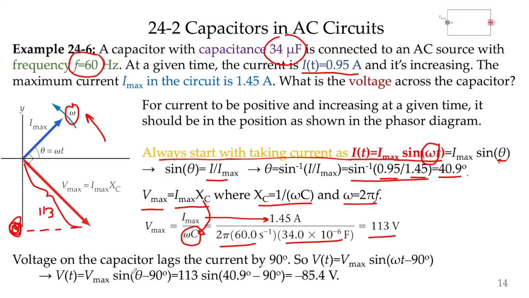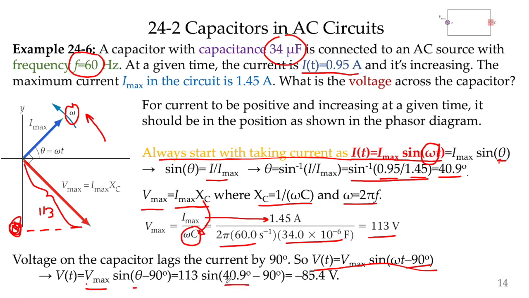The voltage on the capacitor lags the current by 90 degrees, as I showed you before. So the formula is this. If the current is sine omega t, then the voltage has a 90 degree shift. We know V max, it's 113, and we know theta, 40.9 degrees, that we calculated.